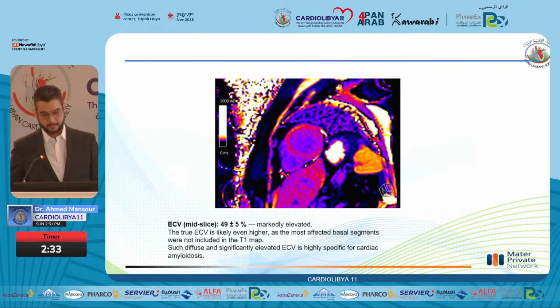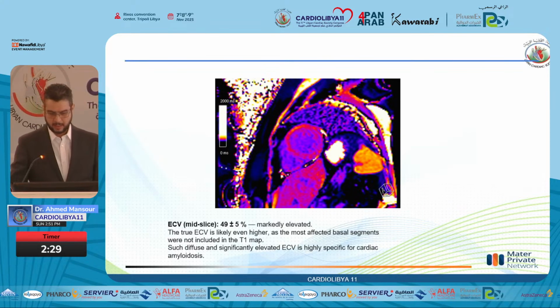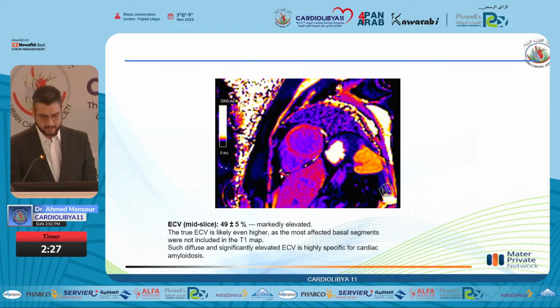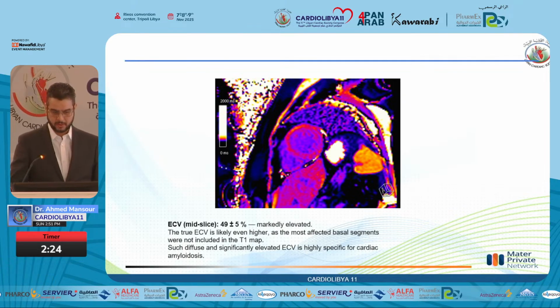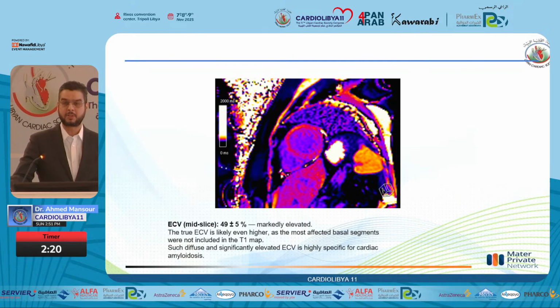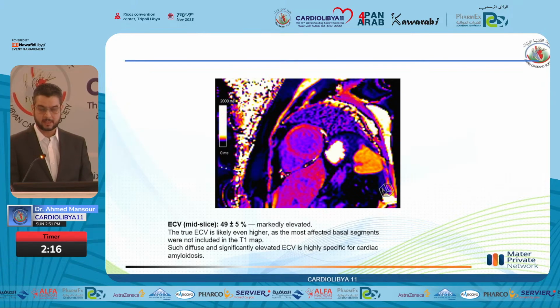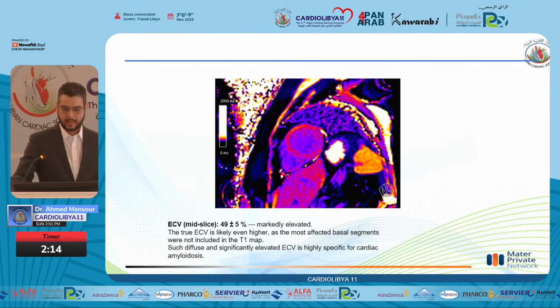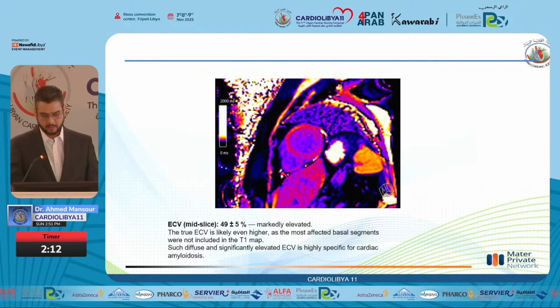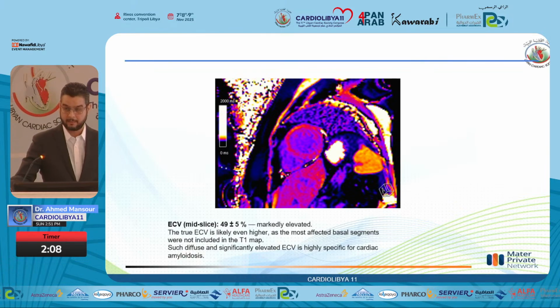This is again a very helpful test to do when we are suspecting infiltrative cardiomyopathy, which is T1 mapping. It helps to get the percentage of the extracellular volume. And in this lady, she had extracellular volume up to 50%, which is significantly high.